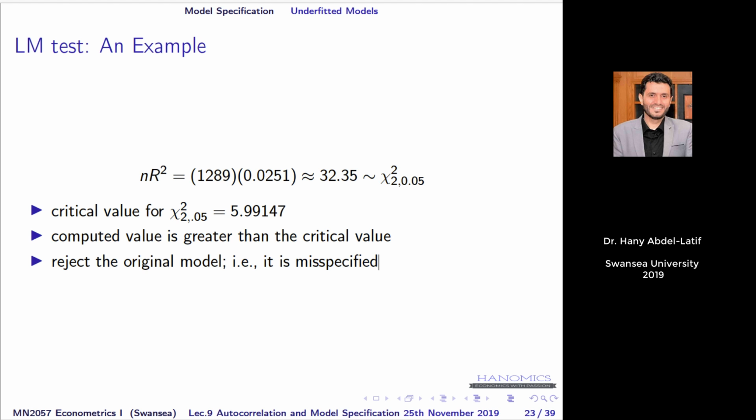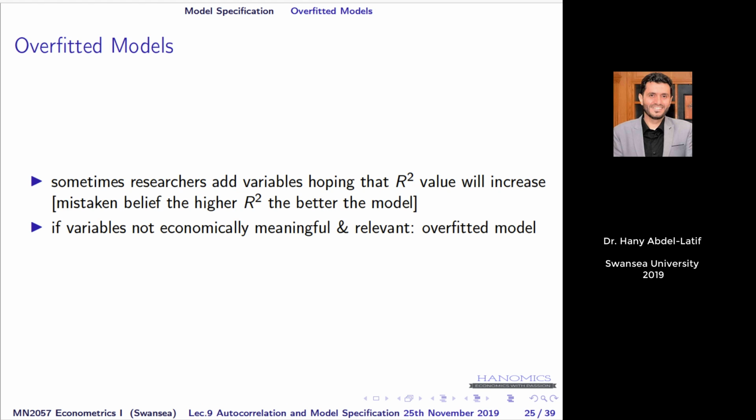So this is the first problem, as I said. We can have an underfitted model, meaning that you have omitted some important variables, and that is very serious for your estimation because it causes your OLS estimator to be biased.